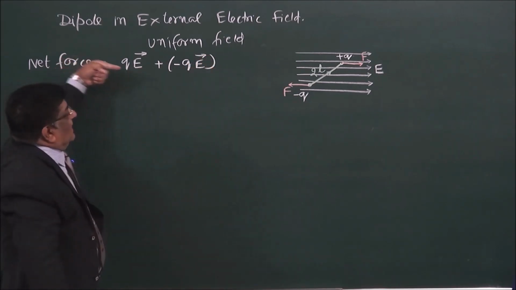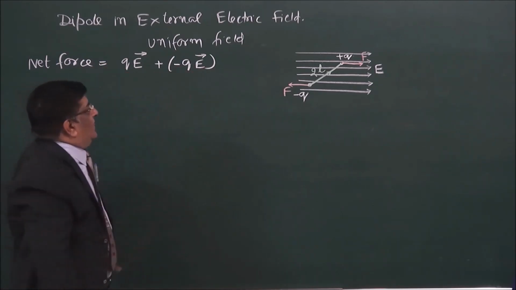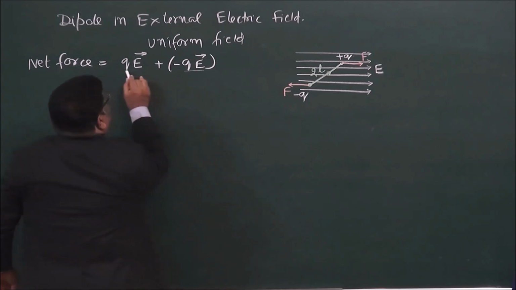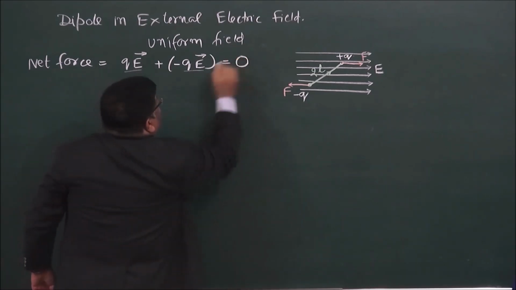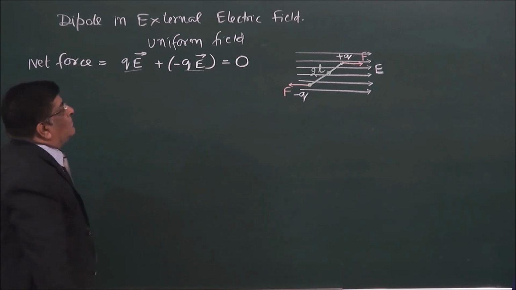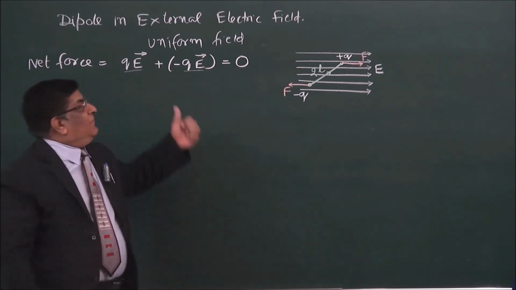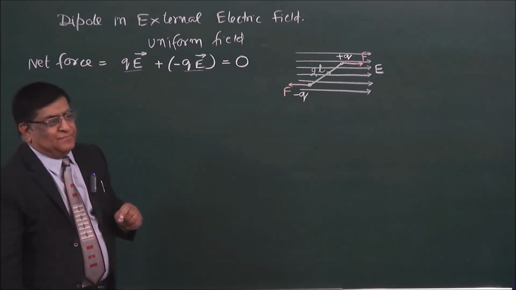This one is in the direction of E and this one is opposite to the direction of E, and these two are equal in magnitude. The net force is going to be 0. If the net force is 0, what is the result in mechanics?